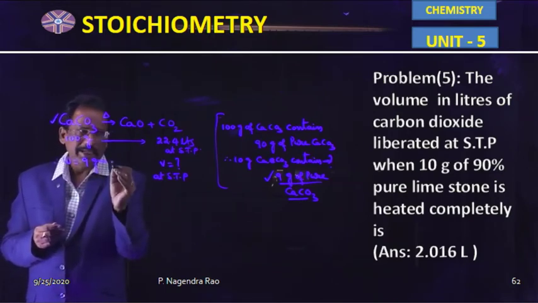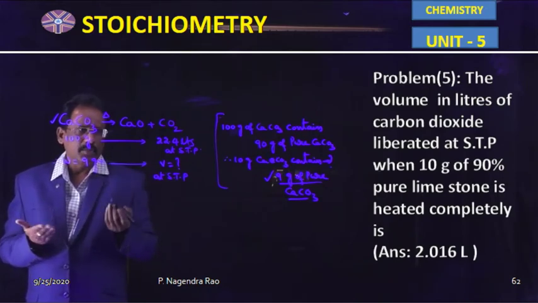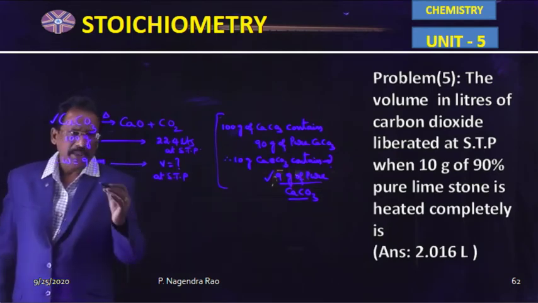Therefore, 9 grams of calcium carbonate produce how much volume of carbon dioxide gas at STP conditions.